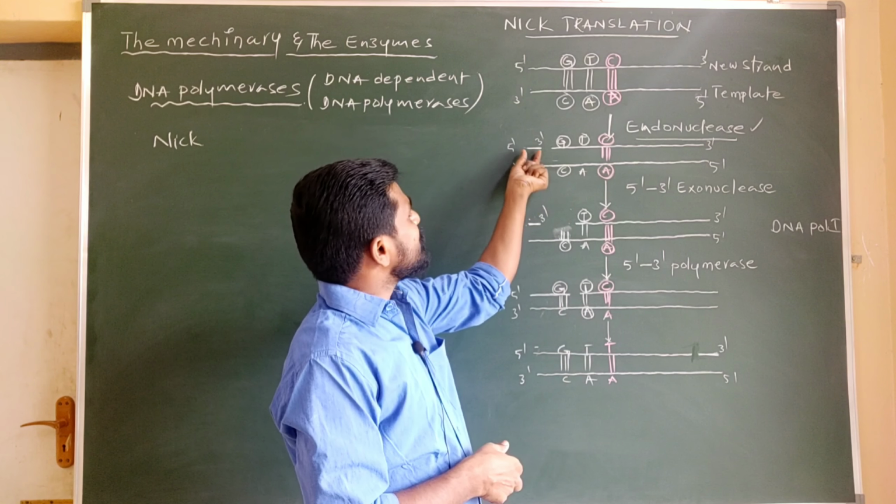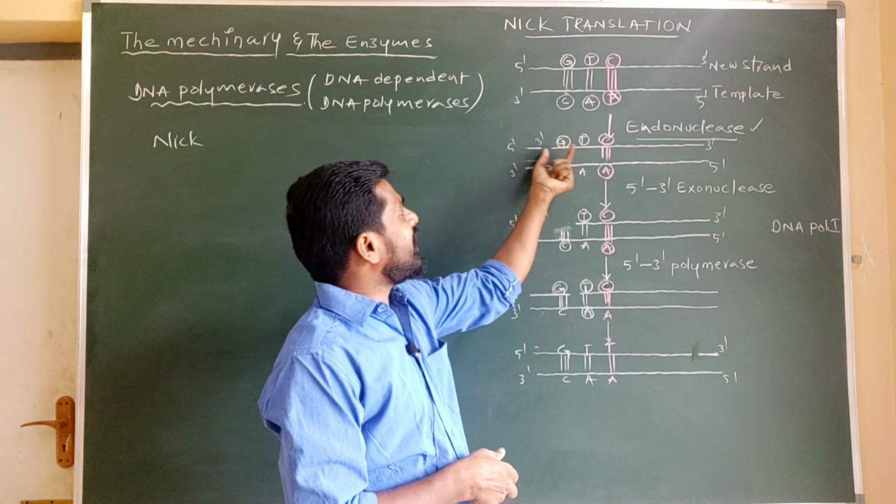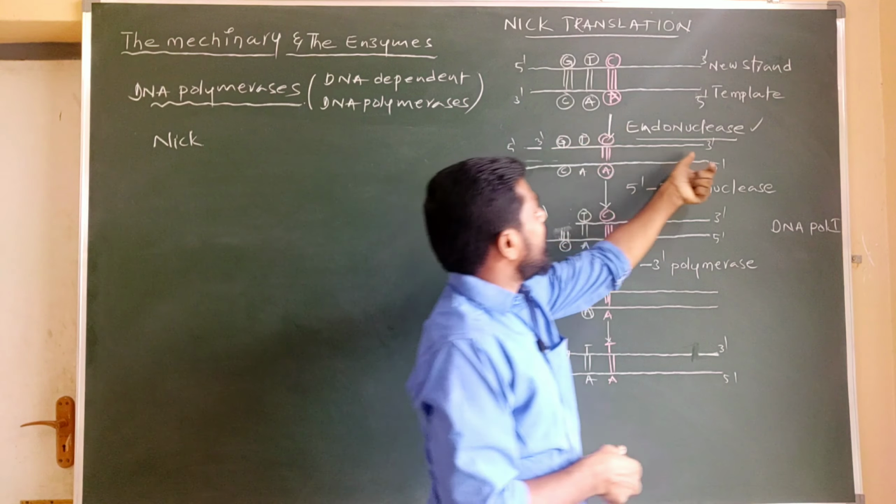One is a small segment of DNA and another one is a large segment of DNA. This small segment shows a 5' to 3' polarity, and the large segment also shows 5' to 3' polarity like this.